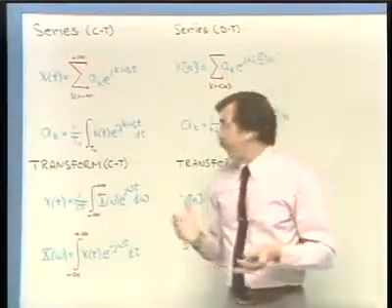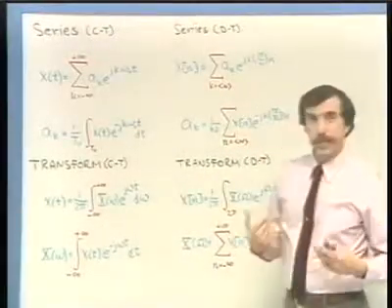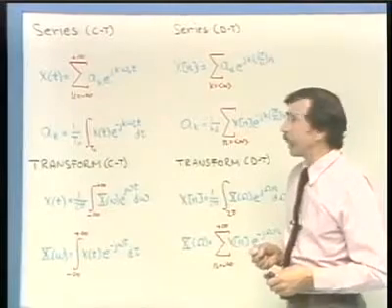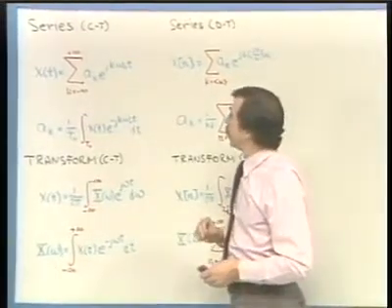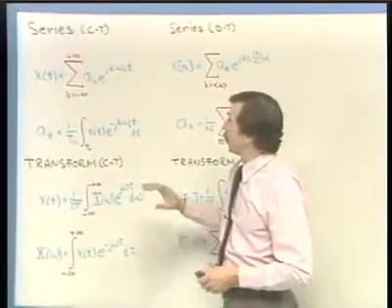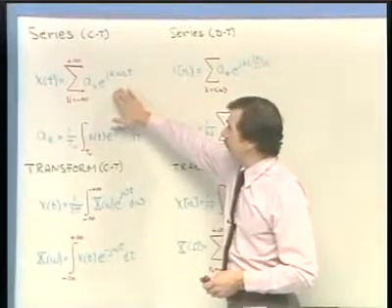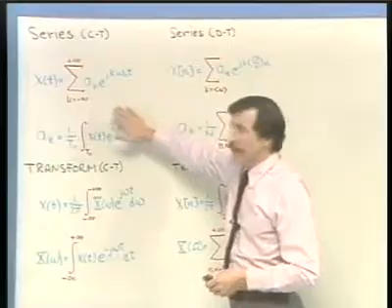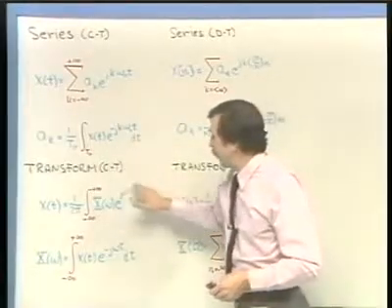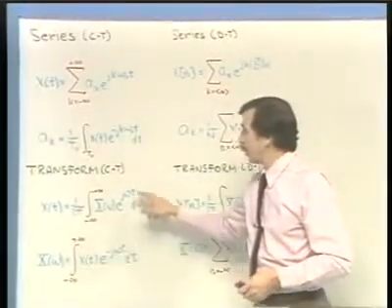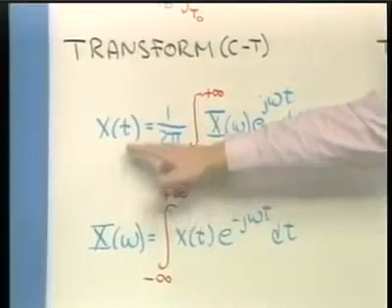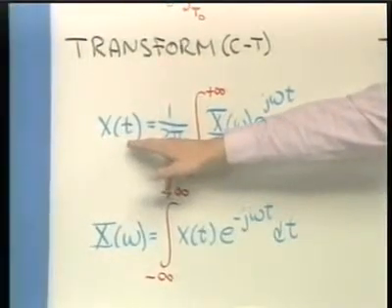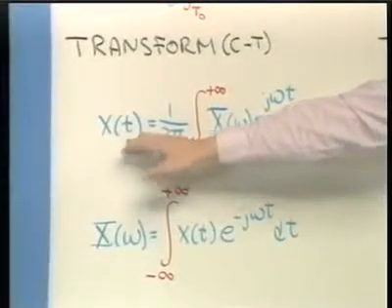We had then generalized that to the continuous time Fourier transform, and in doing that, what happened is that the synthesis equation in the Fourier series became an integral relationship in the Fourier transform, and we now have a continuous time function which is no longer periodic.